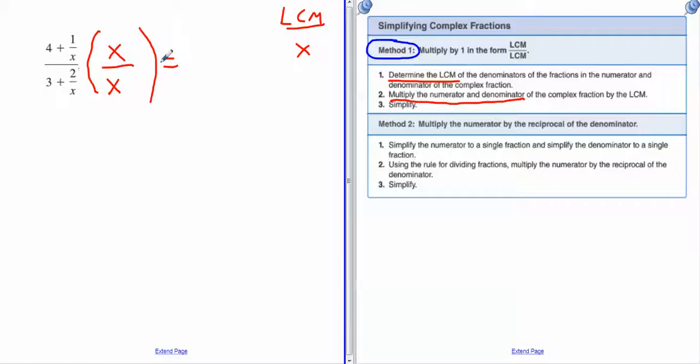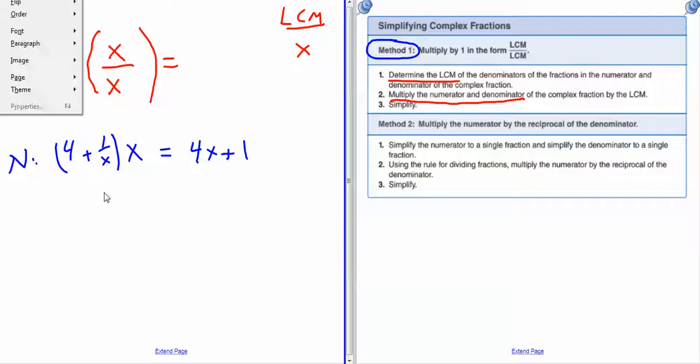What do we get in the numerator? We have 4 plus 1 over x, times x, and all I'm doing is distributing. 4 times x is 4x. The next term is positive times positive, which is positive, 1 over x times x. The x's cancel out, and I've got 1.